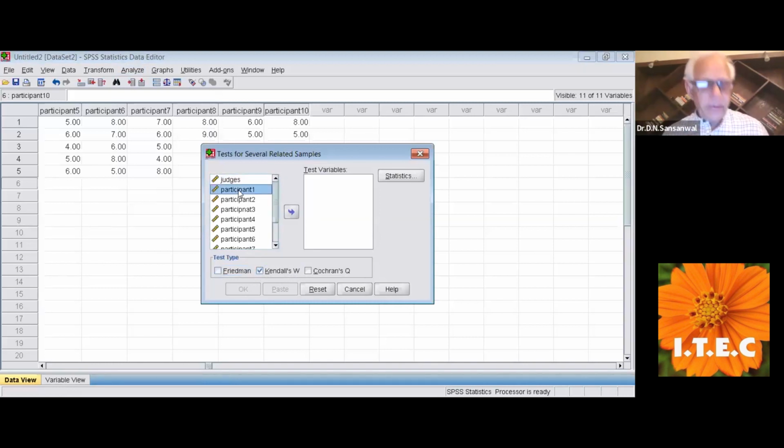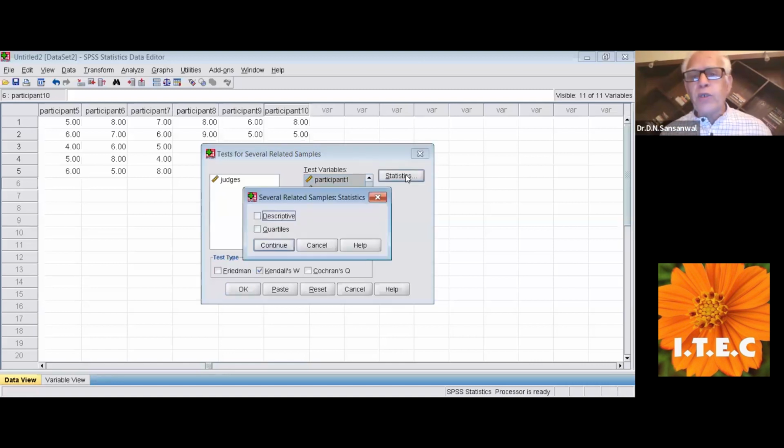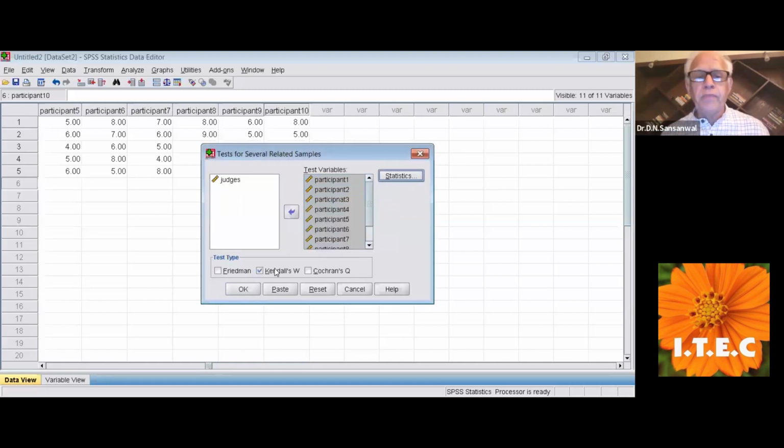And I shift all these participants' ratings on this side, because these are the participants whose ranks I have got. Now this is the statistics I don't want. So go ahead. And now I have already highlighted Kendall's.